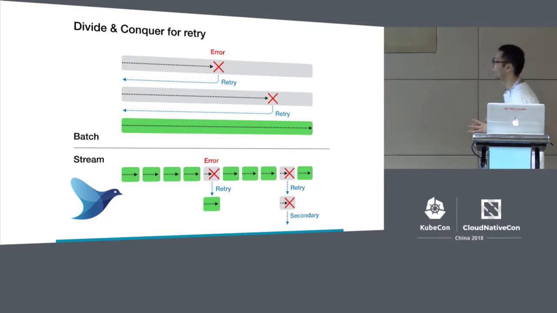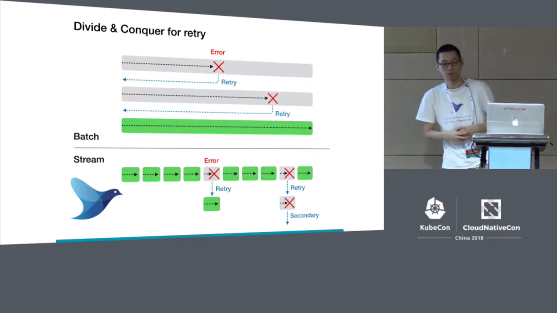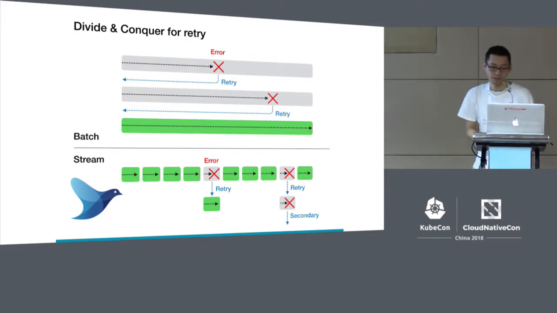But in the micro batch model, it is easy to retry because the chunk is small. And we can process the small data chunks concurrently. This improves latency, because we don't need to wait for the retry in these chunks. So Fluentd has several good features for streaming log collection with low latency.